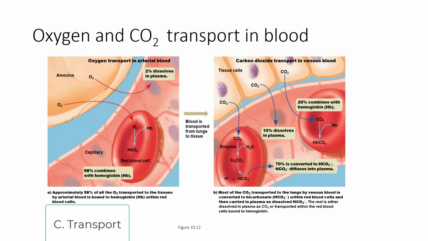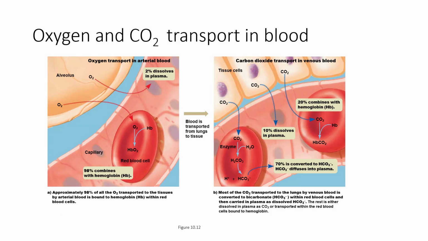Here's another little diagram of how this is transported. The oxygen is transported 2% in the plasma, and 98% is transported on hemoglobin. So really just say hemoglobin. Carbon dioxide is a little more complicated. We're not getting into the weeds with this one in this lecture.